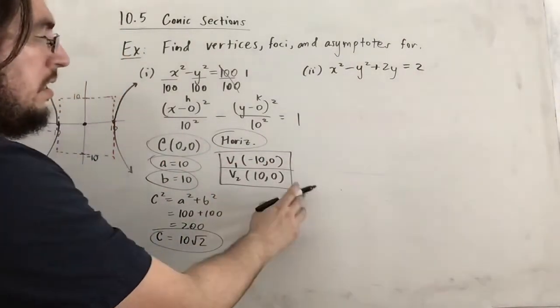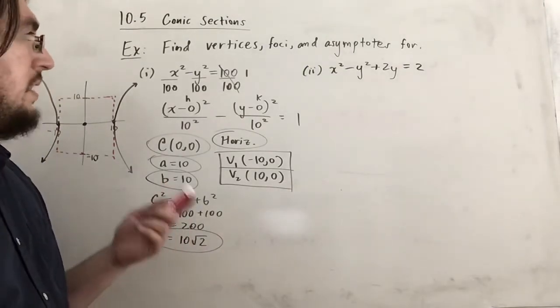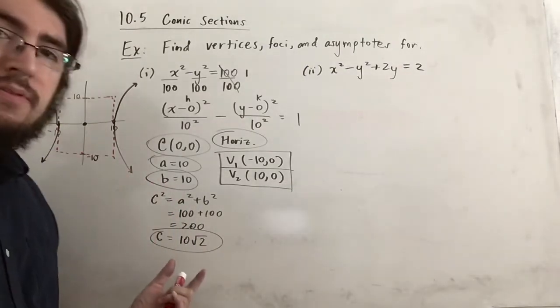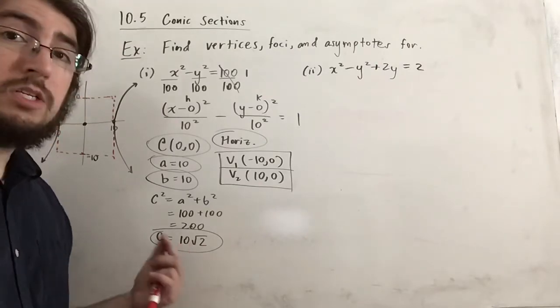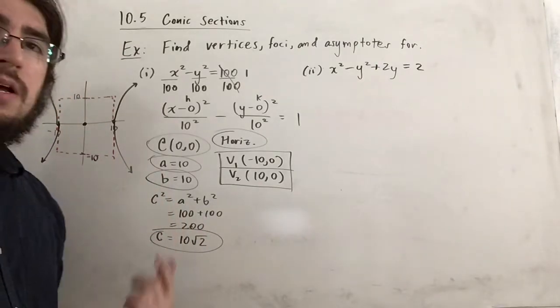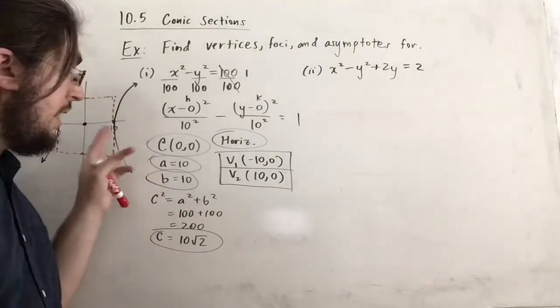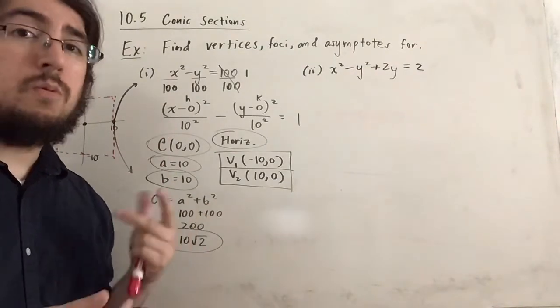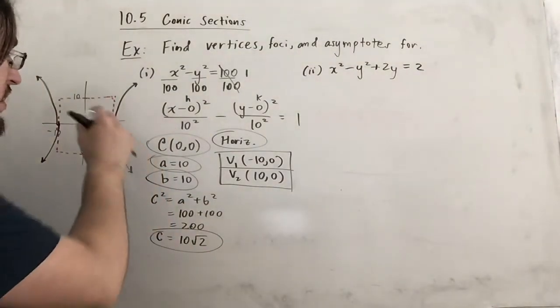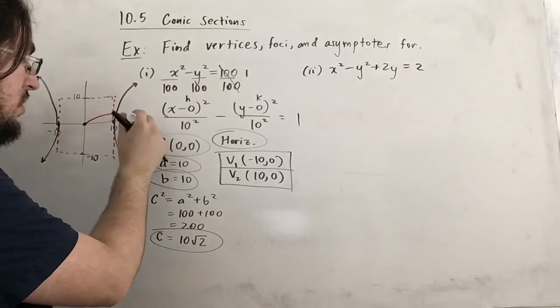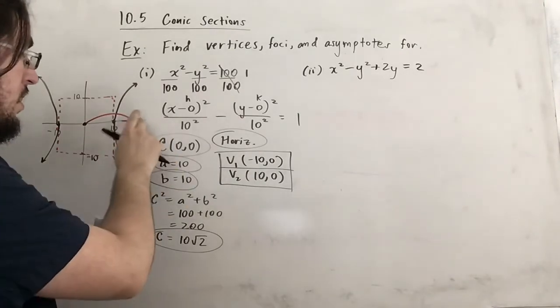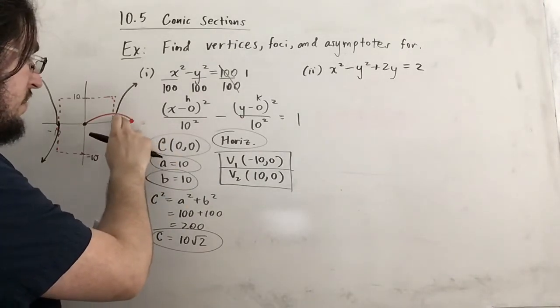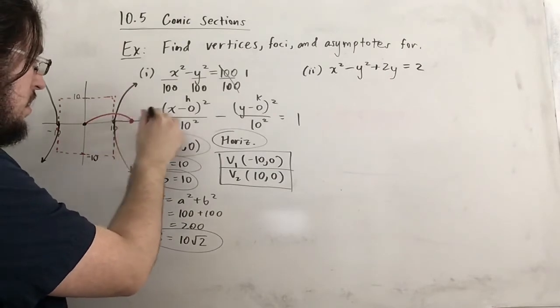Good. For the foci, the distance from the center would be c. So that's 10 radical 2, which is, of course, bigger than 10, which we expect because otherwise it's not inside of the opening of the hyperbola, which we want it to be. So we're going to travel the distance of 10 radical 2. So let's just say that's this point here. So this line is supposed to be an extension of the x-axis. There we go.